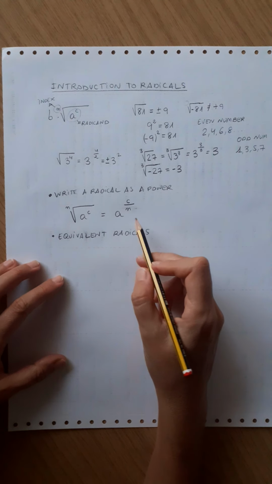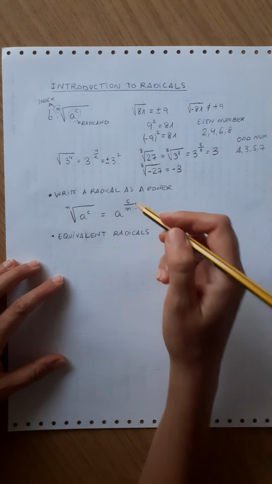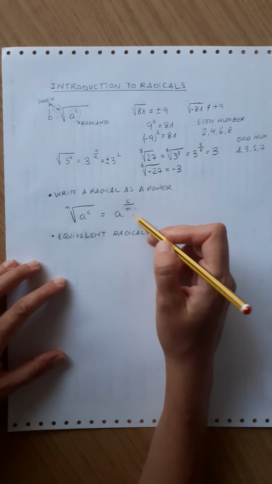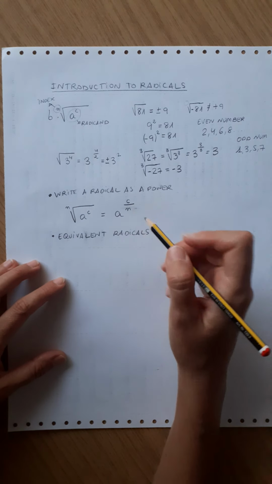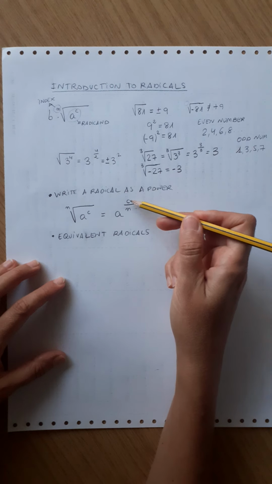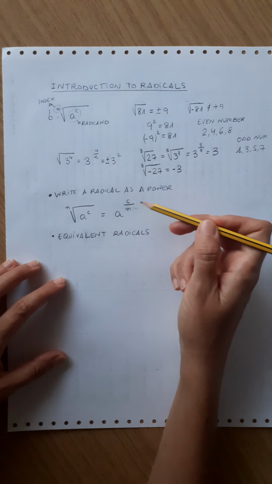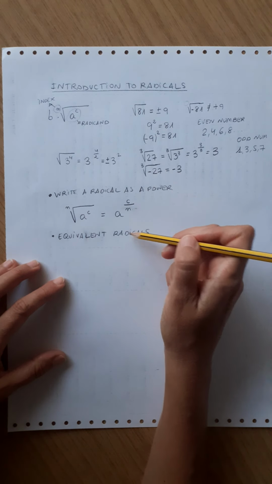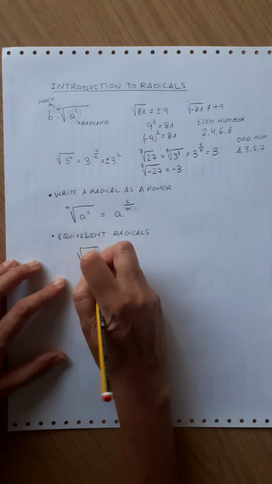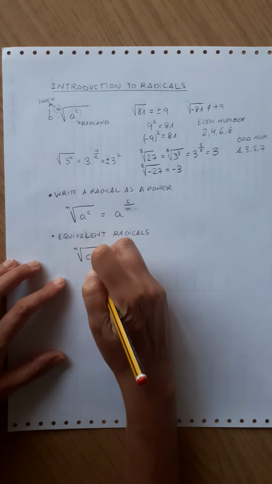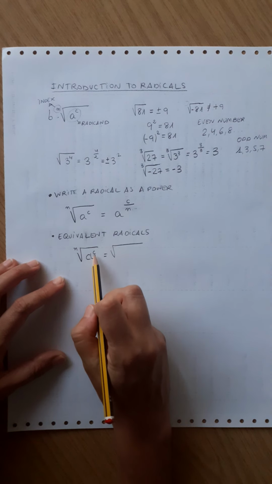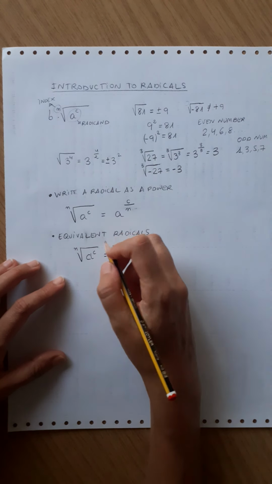Why? Because the same way as with fractions, I can have infinite equivalent fractions, because if I multiply numerator and denominator by the same number, or I divide numerator and denominator by the same number, we are talking about the same fraction. The same happens with the radicals. So if I have this, remember this is like a fraction, c over n.